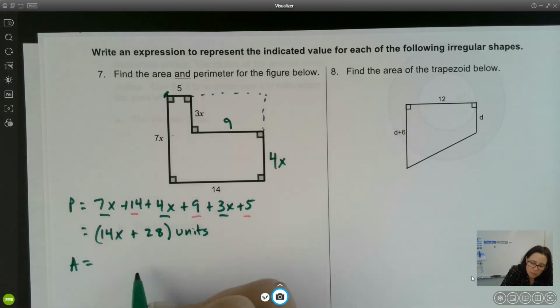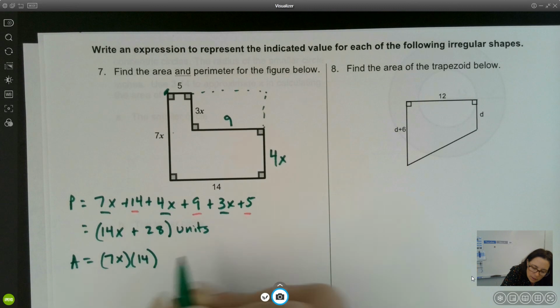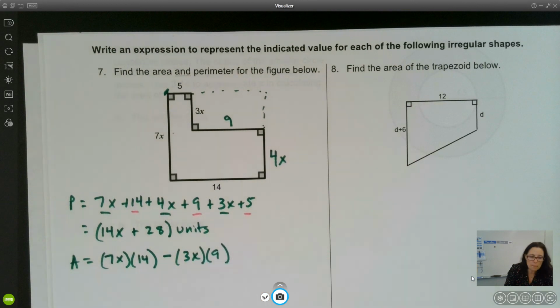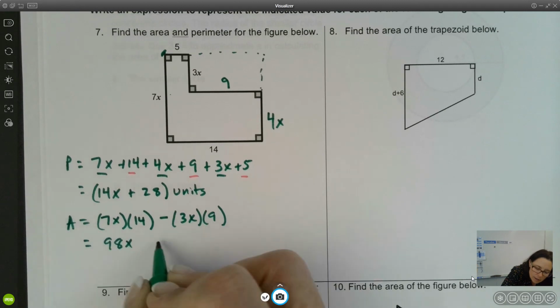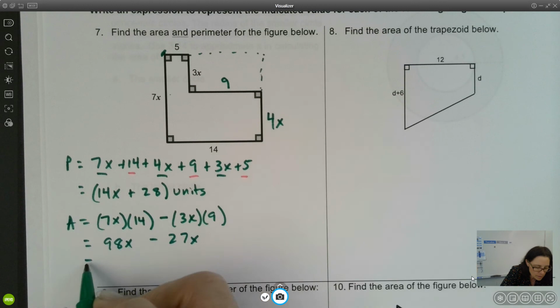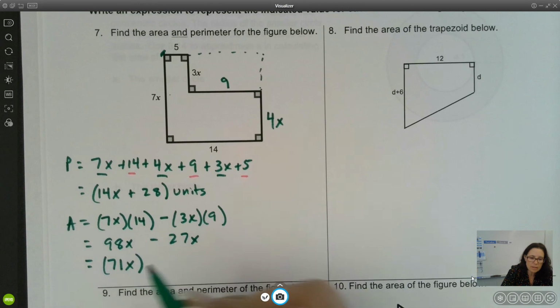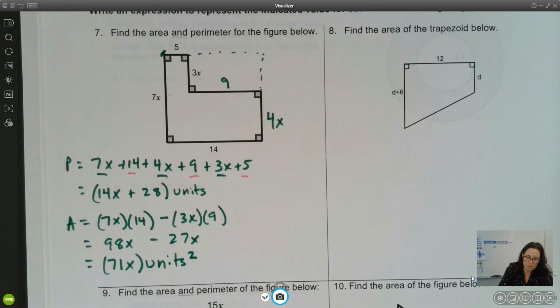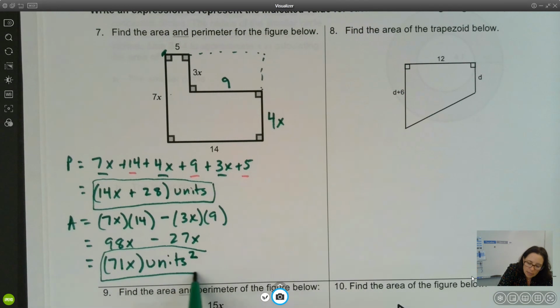All right, so let's do the big, which is going to be 7x by 14, minus the little, which is going to be 3x by 9. Okay, so this is going to get me 98x, and this is 27x. That comes out to 71x. Okay, and I'm always getting in the habit of having parentheses around the whole thing. Units squared is my answer. Okay, so I've got my perimeter answer and my area answer.